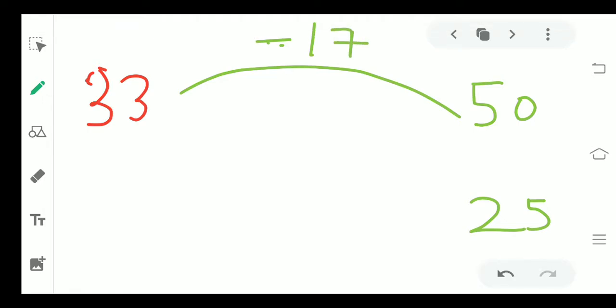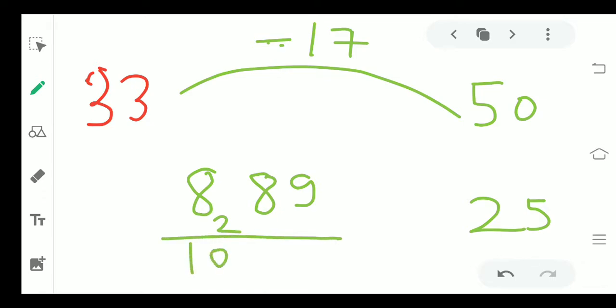Subtract 17 from 25. What will we get? We'll get 8. And what's the square of 17? It's 289. So we'll just write 89 here and add 2 here. We'll get 1089. And that's the answer.